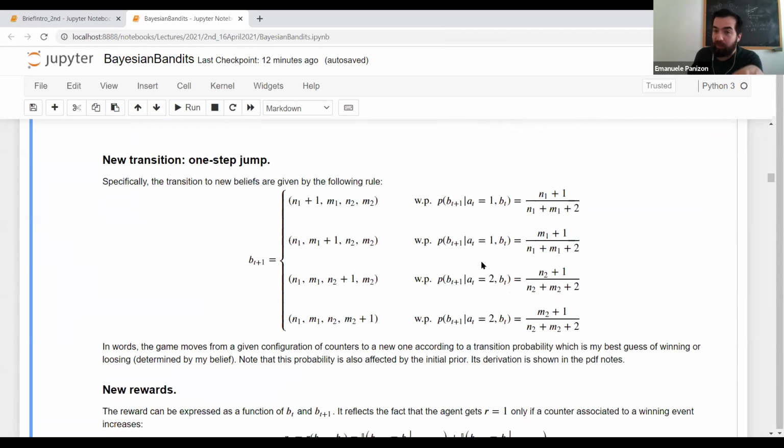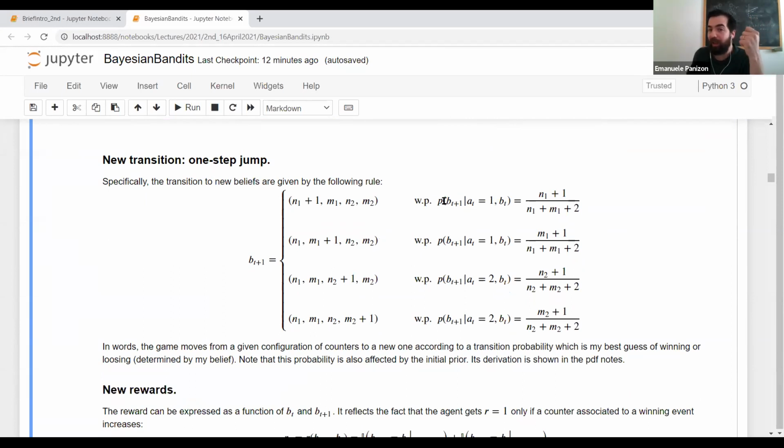This just means that if I am in a state of belief and I do the action, I can calculate the probability of my result, and so I can calculate the probability of ending up in a different state.